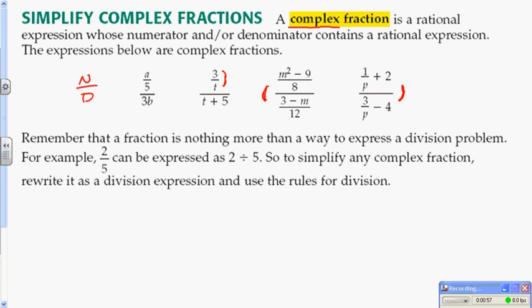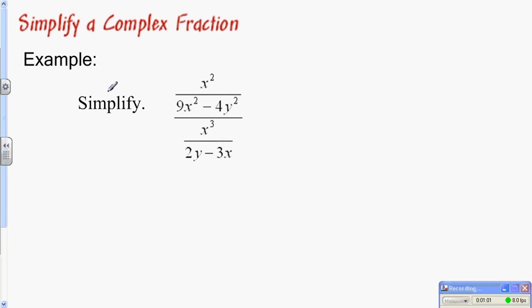All right, so here we are. Let's take a look at how we would do this type of question. Now, even though it's written as a fraction, it's the same as writing x squared over 9x squared minus 4y squared.